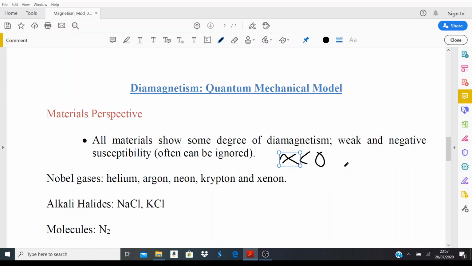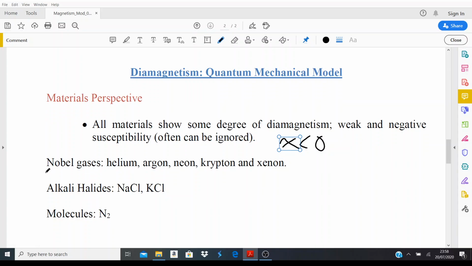It turns out usually that under some situation the paramagnetic strength wins, and then the material becomes paramagnetic, right? So the important point here is that to observe diamagnetism in some material, it is good that we understand what type of element usually shows diamagnetic behavior.